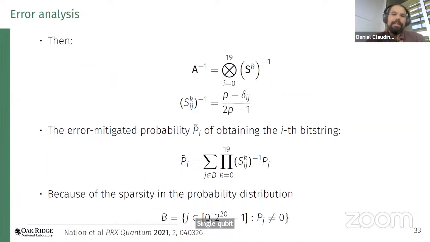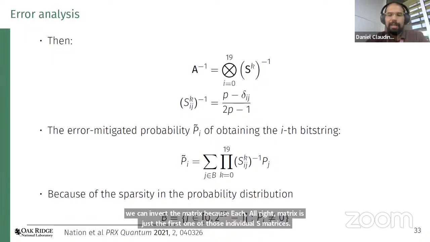So we can tensor it, because we don't have readout errors from one qubit affecting another. So that A matrix is just the tensor product of the single-qubit error matrices. And we can invert the matrix because the inverse of the A matrix is just the tensor product of the inverses of each of those individual S matrices.